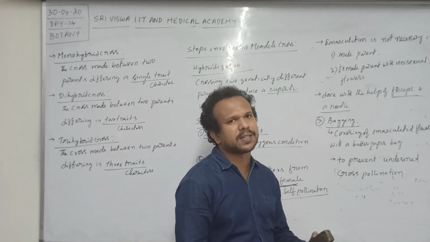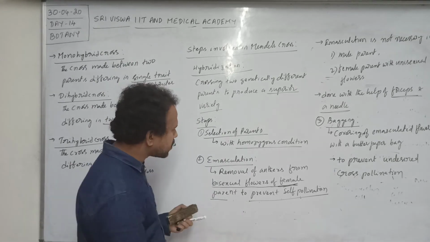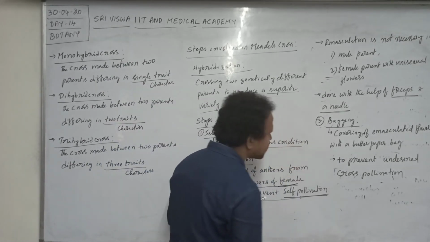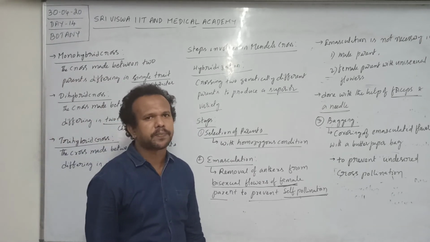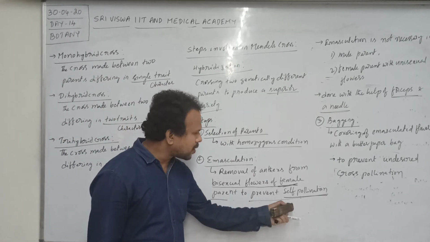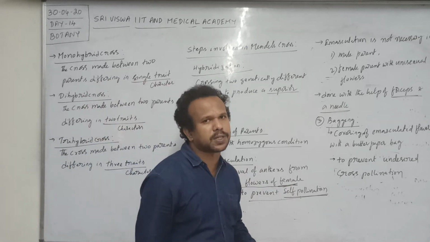Very important: which step of hybridization experiment prevents self-pollination? Self-pollination is also undesired, no doubt at all. Undesired self-pollination can be prevented by emasculation.